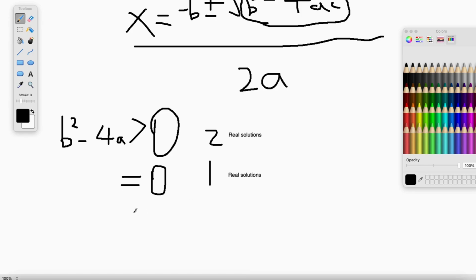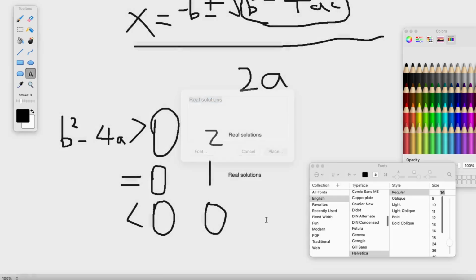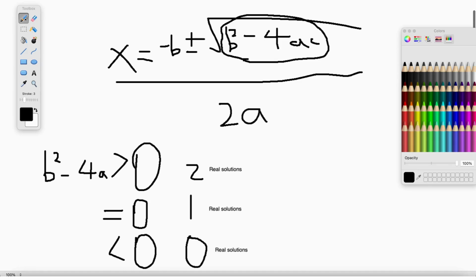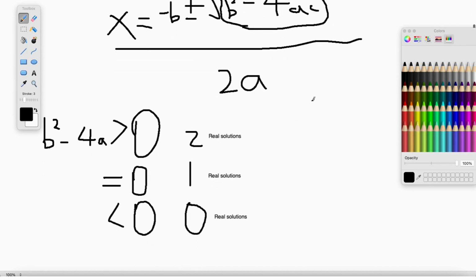And if it is less than 0, then there is no real solution. So those are the basic rules. Negative b over 2a is the axis of symmetry, so that will be the h of the vertex point. So the vertex will be negative b over 2a, and the y value that comes out if you insert this value into the equation, that is the vertex.